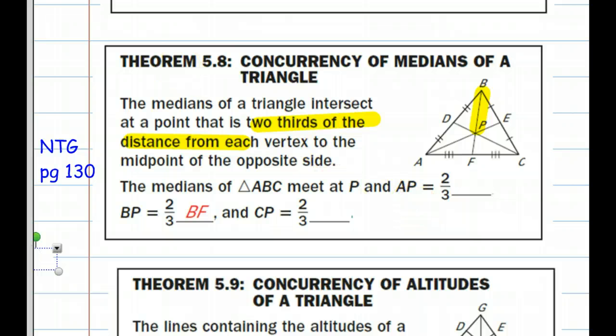And CP is 2/3 of the way of the entire median that goes from angle C, so that is CD. And that holds for every median. And AP is 2/3 of the entire length of the median AE.